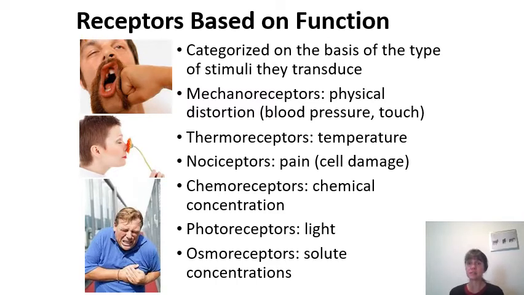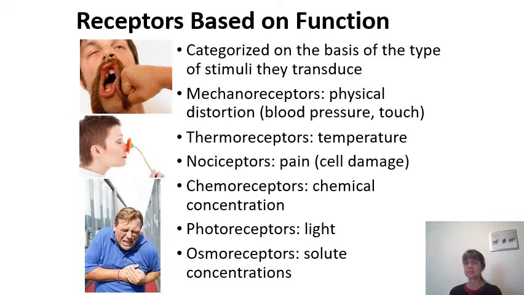Receptors can also be based on function, categorized on the basis of the type of stimuli they transduce or convert into an action potential. For instance, mechanoreceptors are receptors that will respond to changes in physical distortion. Our mechanoreceptors include those that detect changes in blood pressure as well as touch and physical pressure and vibration. We also have thermoreceptors that detect changes in temperature.